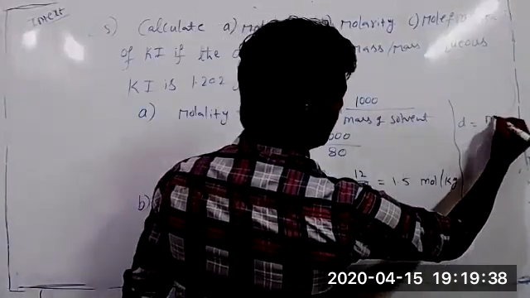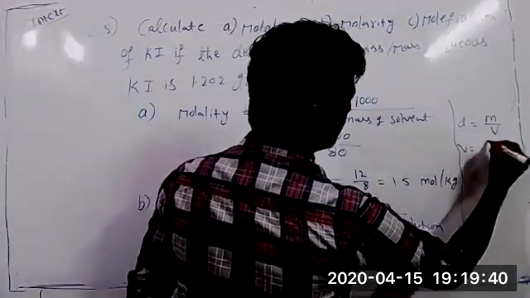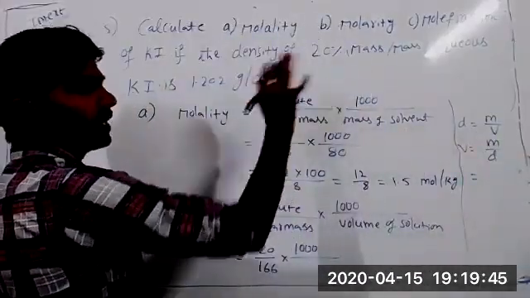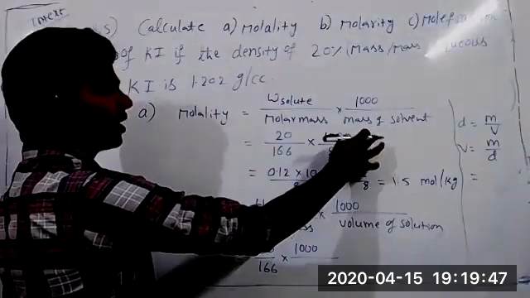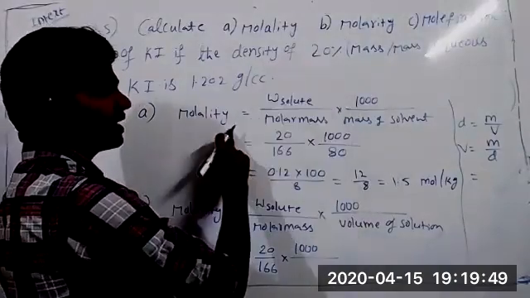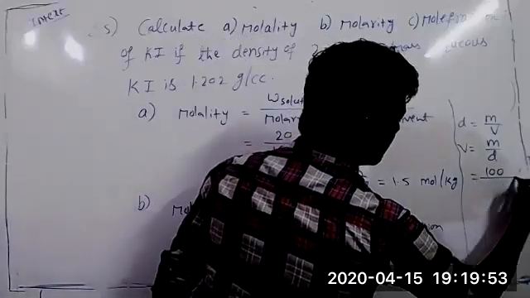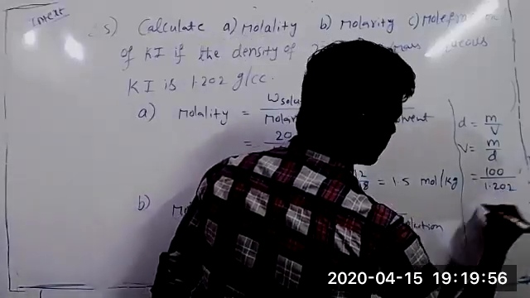Density is equal to mass by volume. Volume is equal to mass by density. Mass of solution is 100 grams. Don't take 80. 80 is only solvent, water. And in that, 20 grams of KI is dissolved. Totally 100 grams, divided by density 1.202.